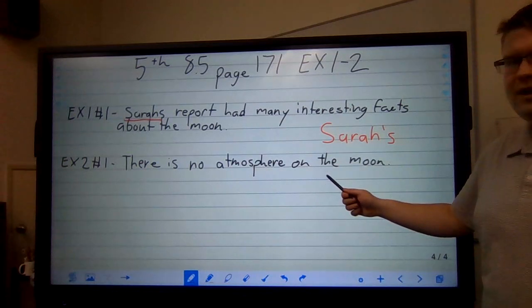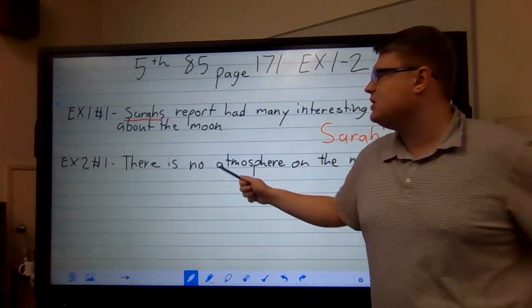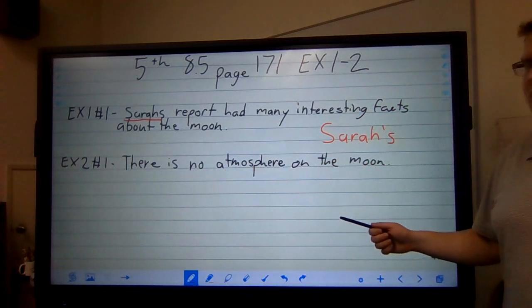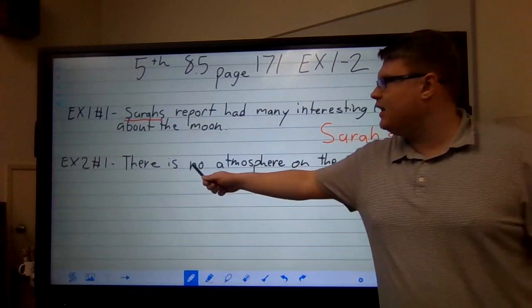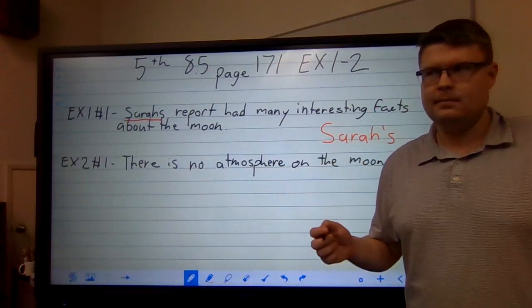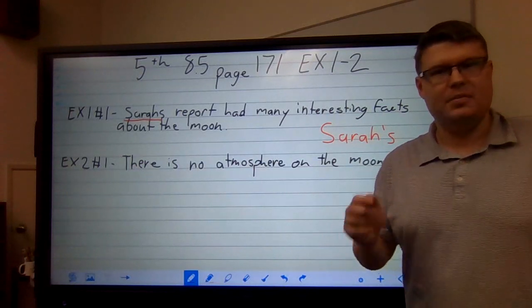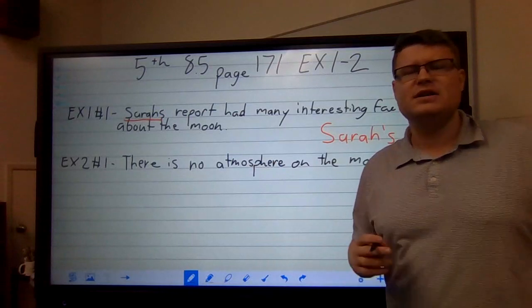On and the we can't do anything with. Atmosphere we can't do anything with. So then we have to look at there is and no. If we look back at our list, is there a contraction between is and no? No, there is not. There's one for is not, but there is not one for is no.